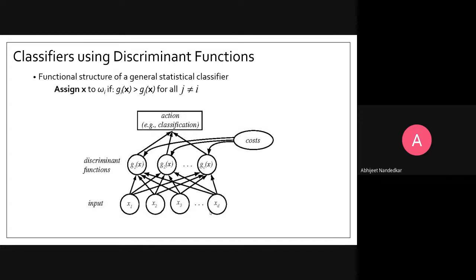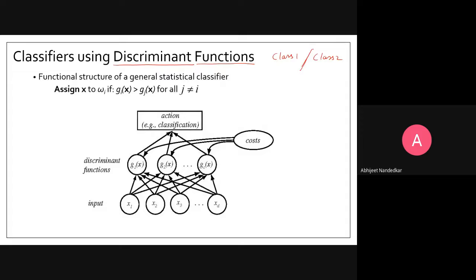Now based on these Bayesian decisions, we can formulate a kind of network which takes the action based on Bayes. This is called classifiers using discriminant functions. What is the meaning of discrimination? Discrimination means differentiating between classes, say class 1 is differentiated with respect to class 2.